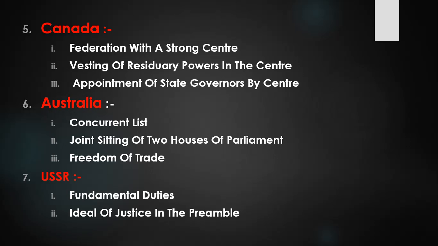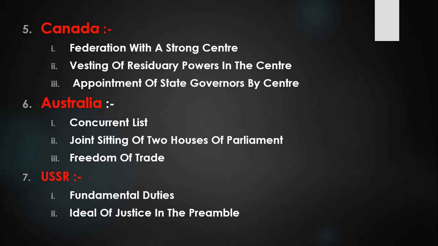Now, vesting of residuary powers in the center. What does it mean? Friends, I have explained in the previous classes what residuary powers are. For example, India is a federation, so there is a division of power between center and state governments. There are three lists: union list, state list and concurrent list.